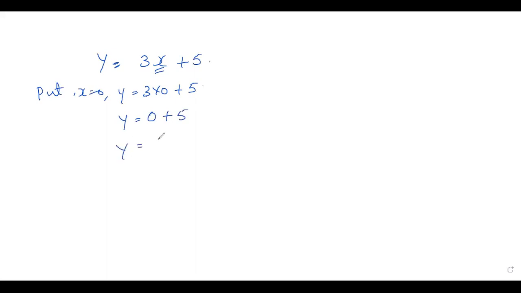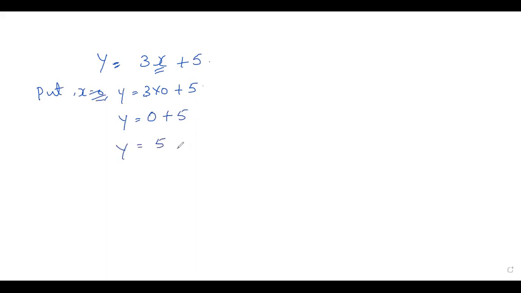I will write the equation here. So y is equal to 3x plus 5. Put the values for x here. Put x is equal to 0. Y is equal to 3 into 0 plus 5. I am substituting 0 in the place of x. 3 into 0 is 0 plus 5, that is equal to 5.